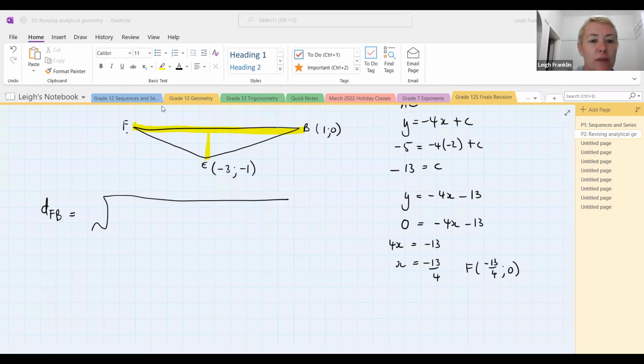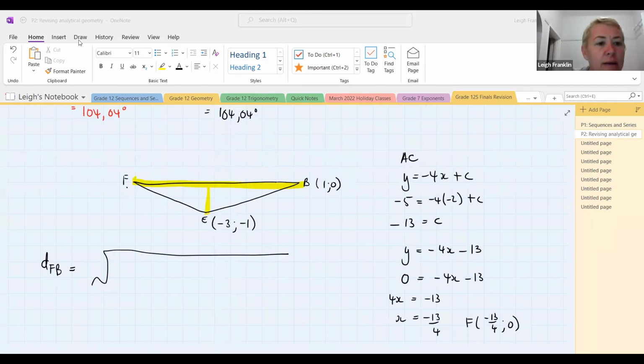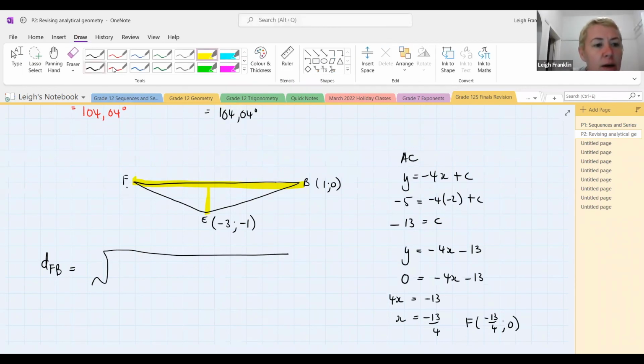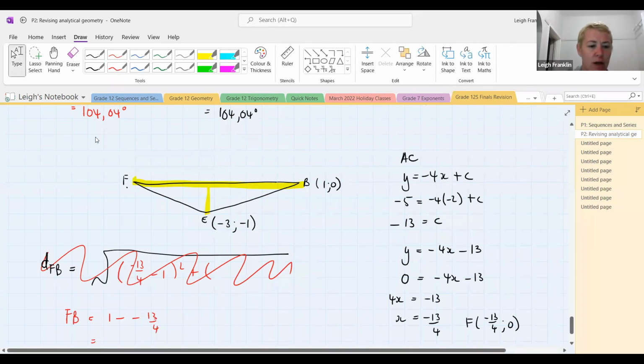Now we just want to work out the length of the base. This is a little bit of a nasty one. Here we've got -13/4 as our x coordinate, -1 squared plus... mind you, this is a horizontal line, isn't it? So we don't even need to do that. We can just say that FB is the x coordinate at B minus the x coordinate at F, which would be even quicker.